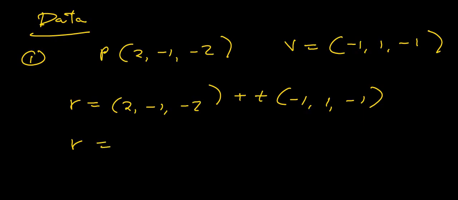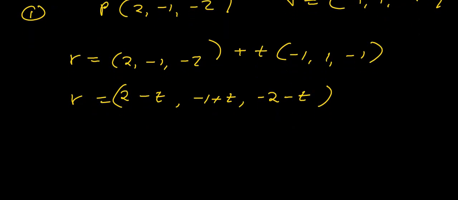So r is equal to 2 minus t, then -1 plus t, and the last part is -2 minus t. So we have this.